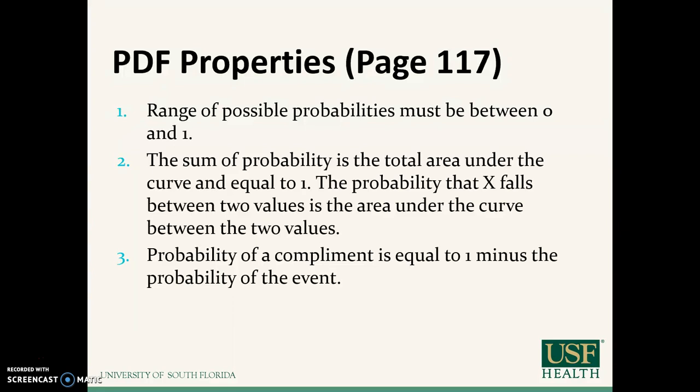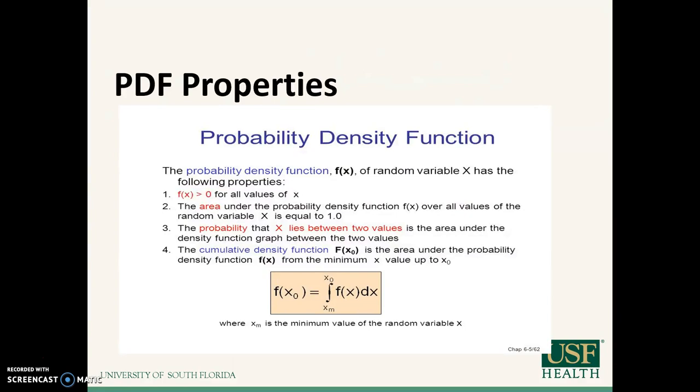And the probability of a complement is equal to 1 minus the probability of the event. These are the basic properties for a function to be a PDF. If a function is a PDF, it must satisfy these properties. Here's a more mathematical way of describing the PDF properties.